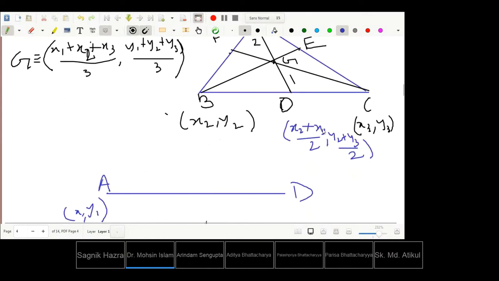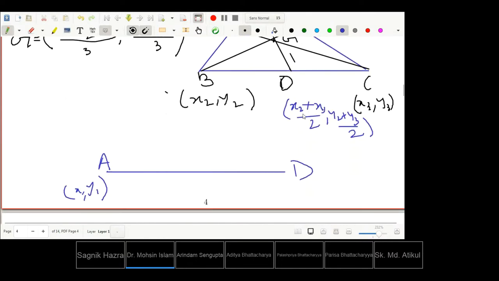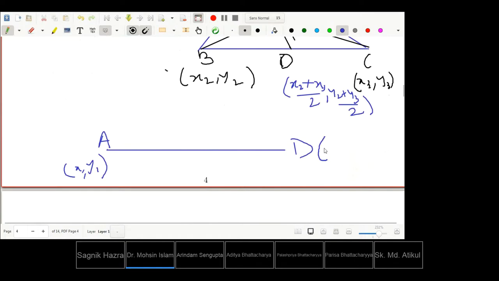And the coordinate of D is x2 plus x3 by 2, comma y2 plus y3 by 2. And G, you don't know G, you want to find the centroid of the triangle G.